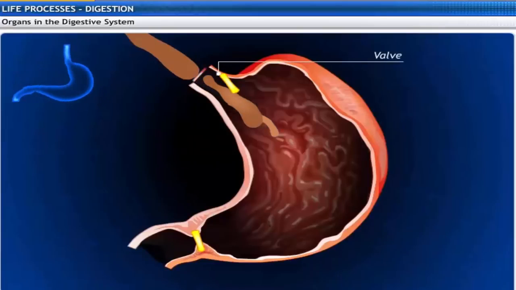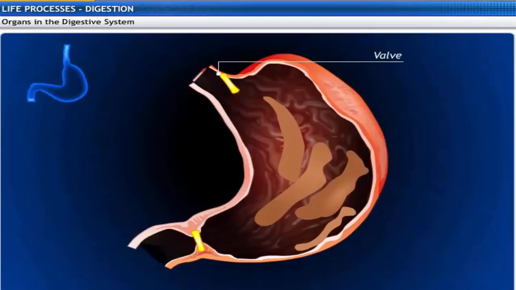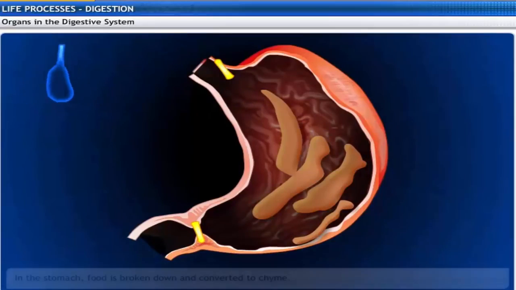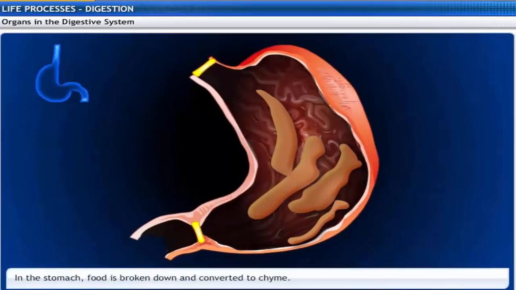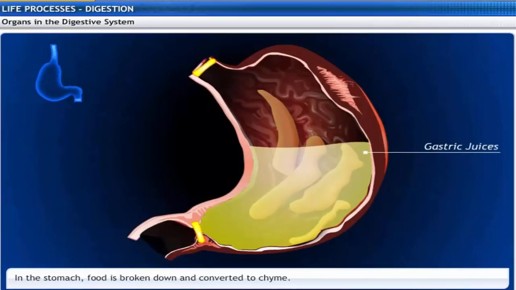At the end of the esophagus, a muscular ring allows the food to enter the stomach and then closes. The muscular walls of the stomach help in churning and mixing the food thoroughly with the gastric juices to break it into smaller pieces.